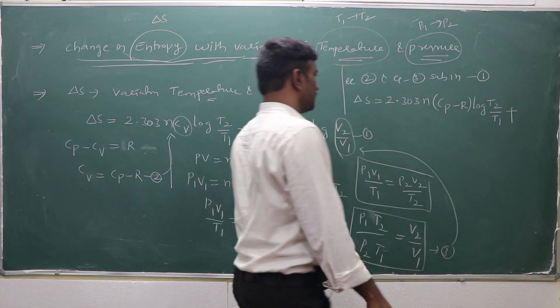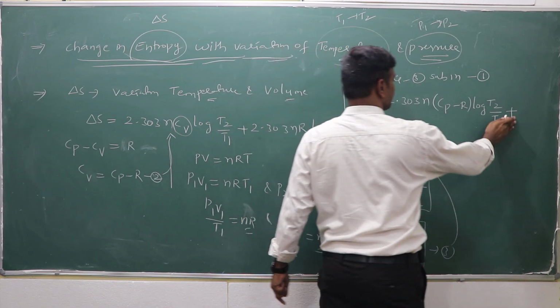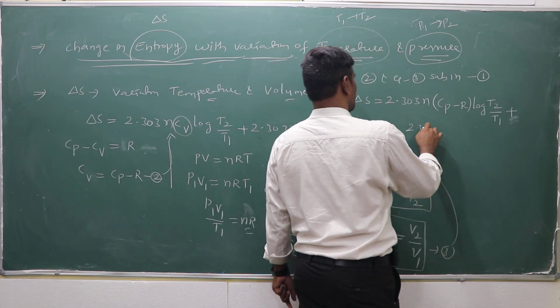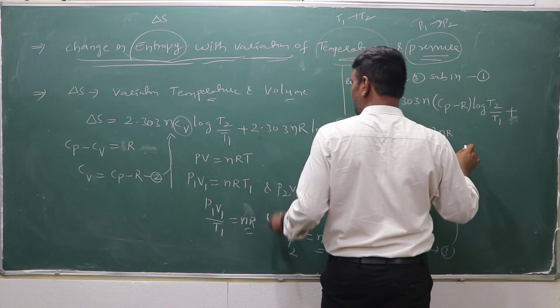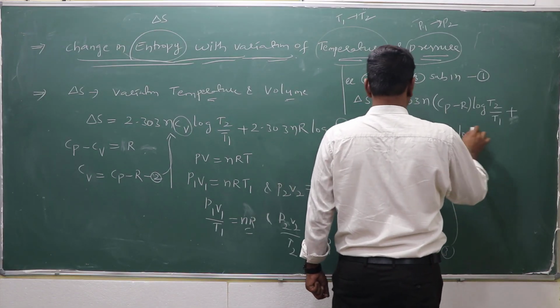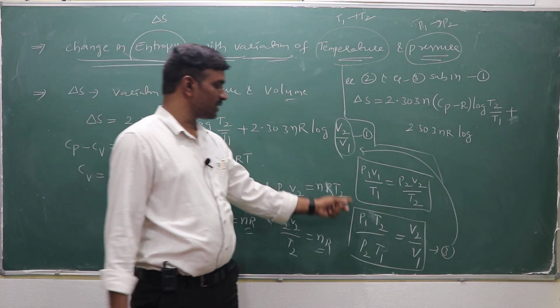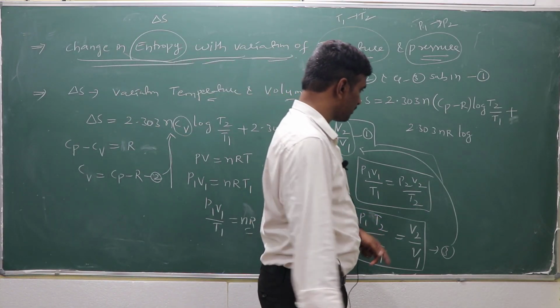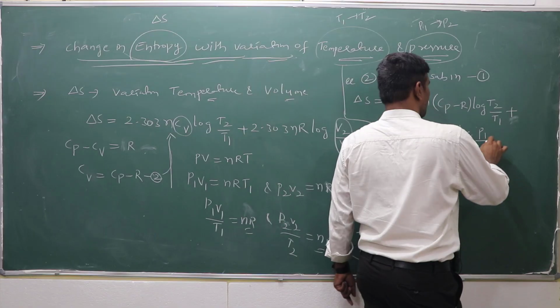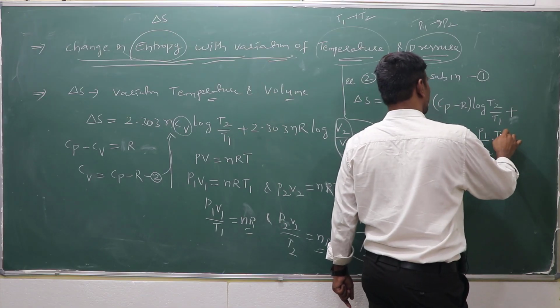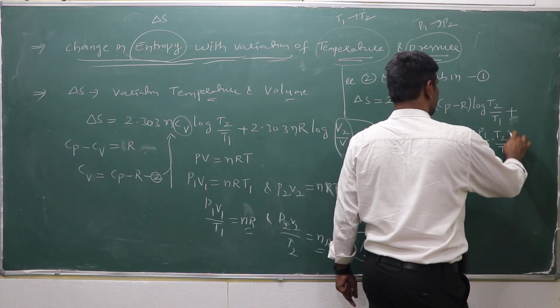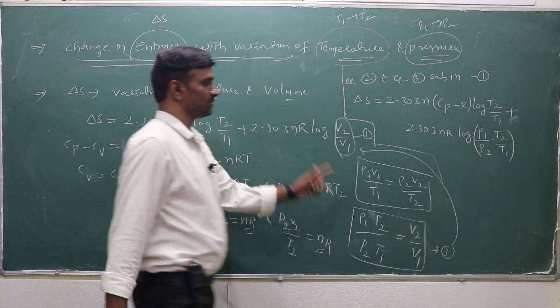plus 2.303 nR log, and in the place of V2 by V1 what you have to write? P1 by P2 into T2 by T1, or P1 T2 by P2 T1. Right, that one we can substitute.